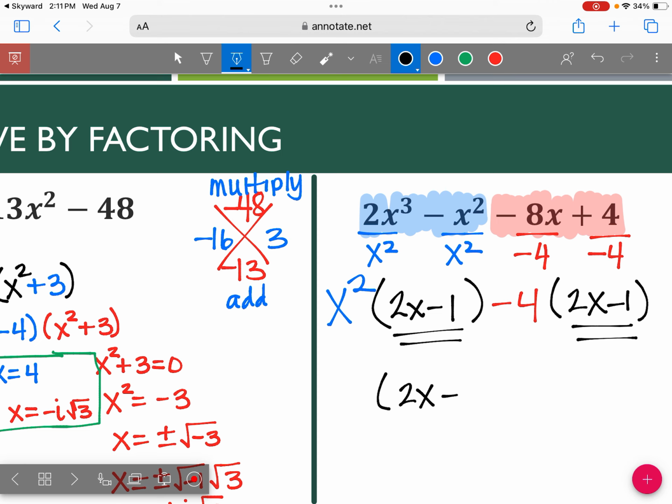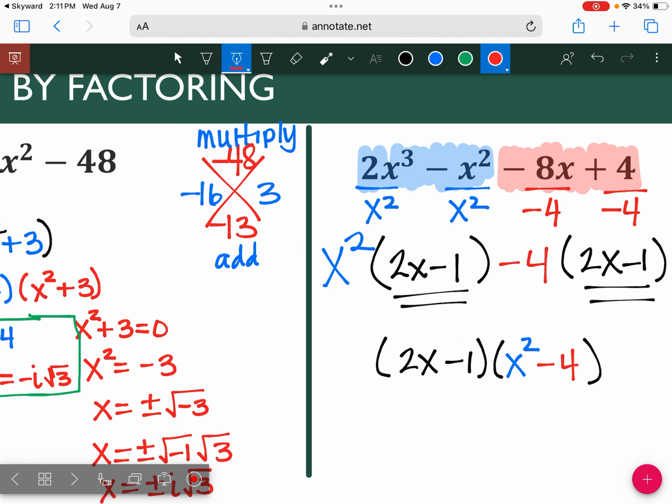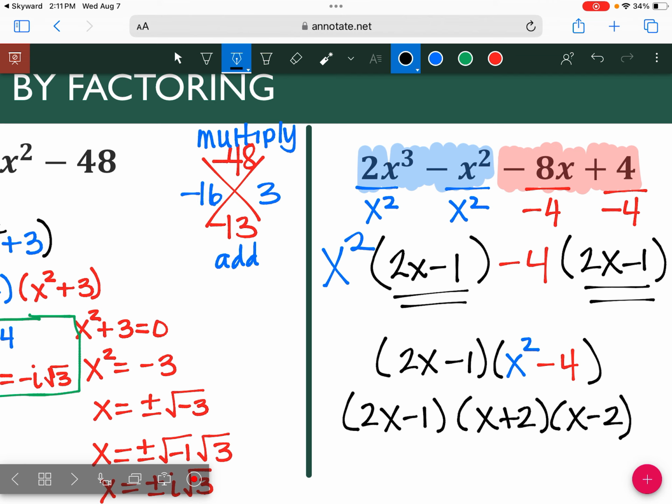So I have 2x minus 1. And then I have x squared minus 4 here. That can factor down again. Go ahead and set all 3 equal to 0 to get your 3 solutions. First one is a fraction, and the last 2 are not.